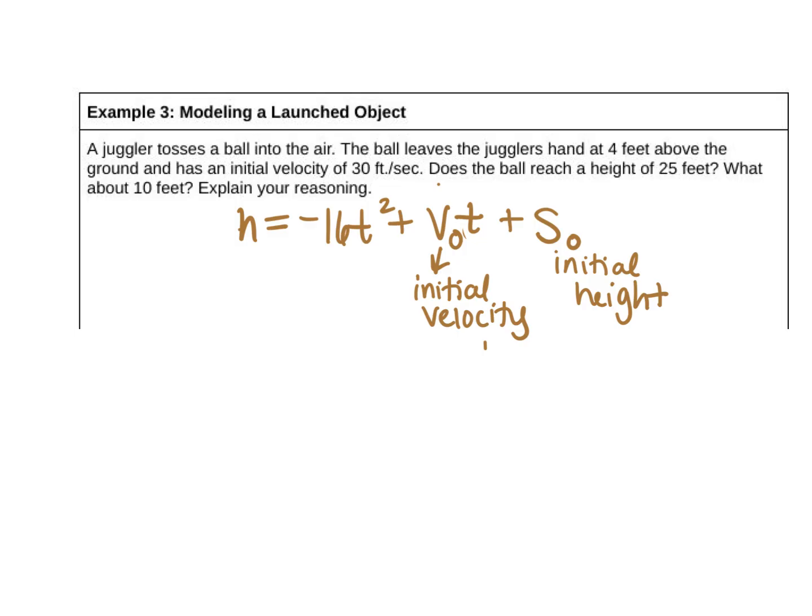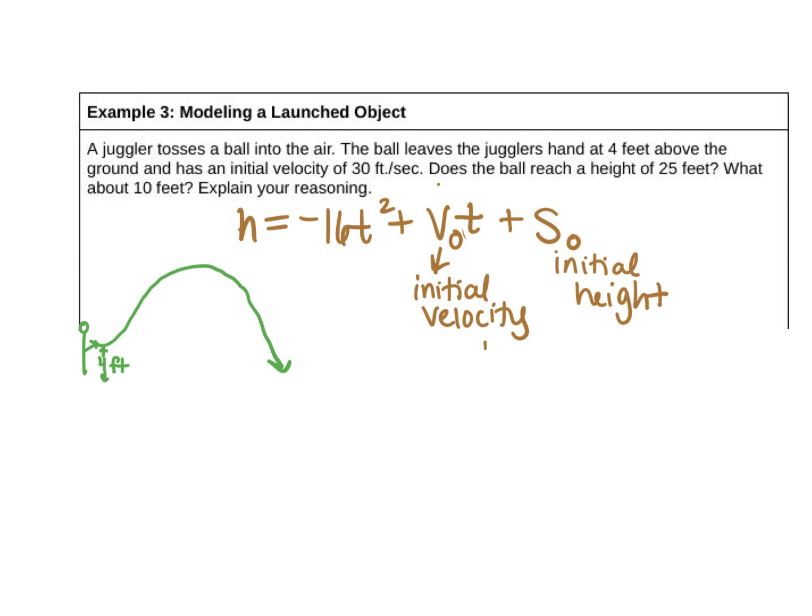But so a juggler tosses a ball into the air, and then it kind of reaches the ground eventually. He says it leaves his hand. So here's the guy, right? It's 4 feet above the ground, okay? And then it has an initial velocity. So what is initial velocity?